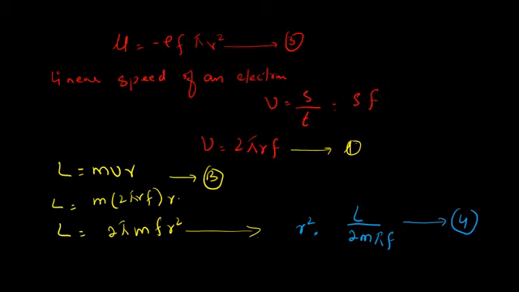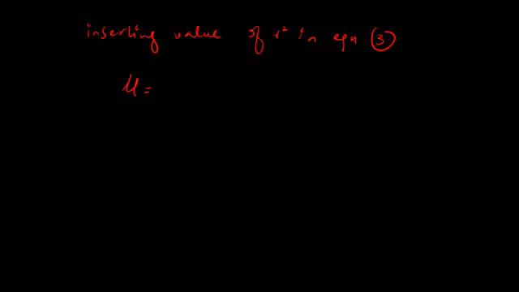So we will insert the value of r squared from equation 4 into equation 3. We get mu equal to minus EF pi into L divided by 2 pi m F. Here F will be cancelled out, as well as pi.